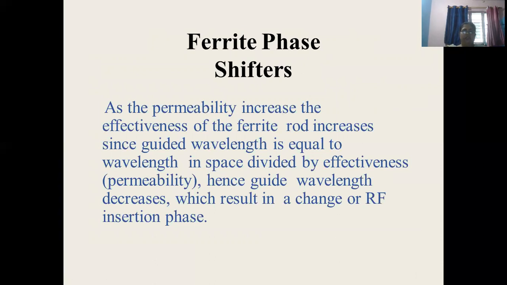In ferrite phase shifters, as the permeability increases, the effectiveness of the ferrite rod increases, since guided wavelength is equal to wavelength in space divided by effectiveness, that is permeability. Hence, guide wavelength decreases, which will result in a change of RF insertion phase.